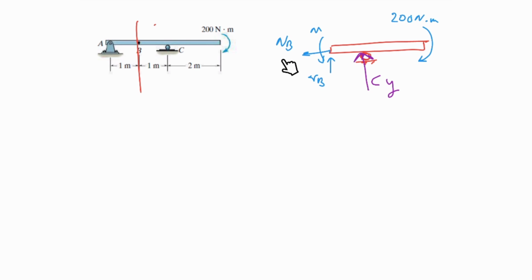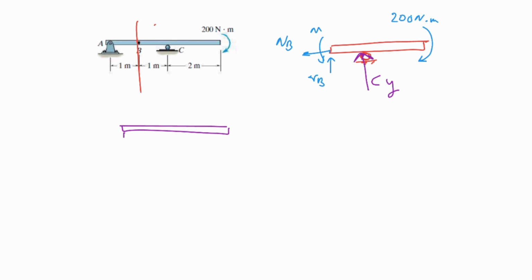And the idea here is that we know that we can solve the whole structure at first and then go here. By solving the whole structure and knowing that this is in a static equilibrium condition, we can find this force and then solve the whole structure. And let's do the free body diagram of the whole structure together.